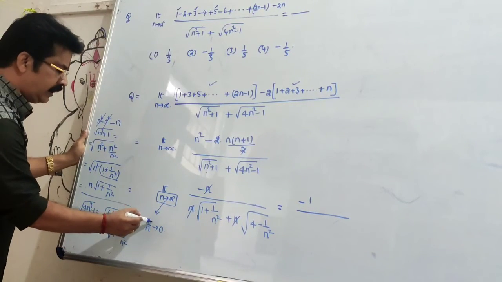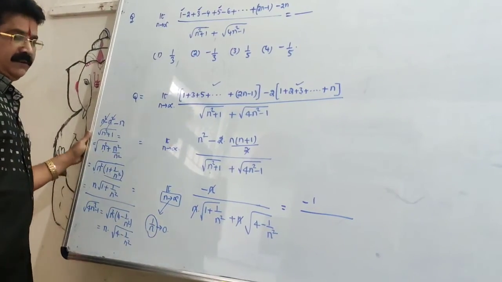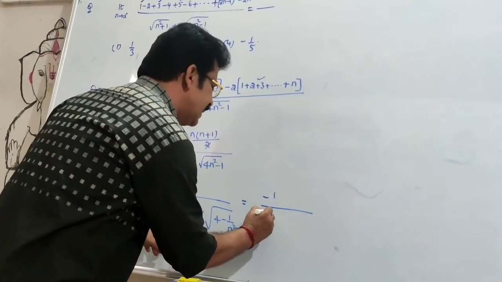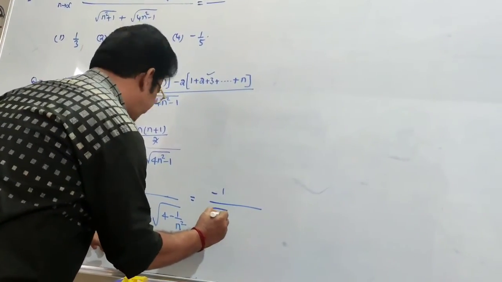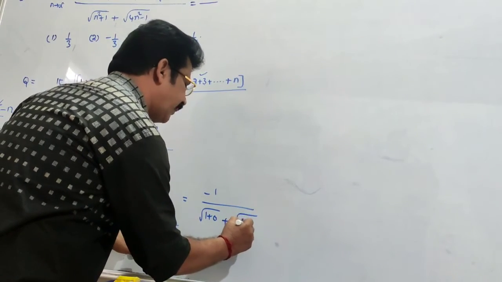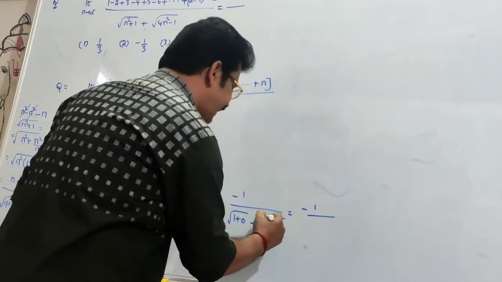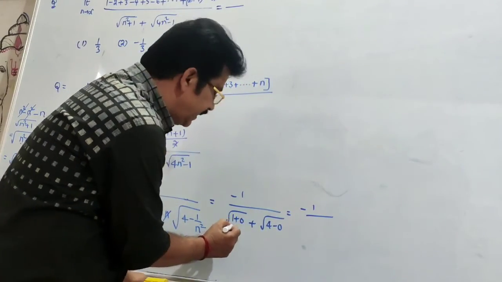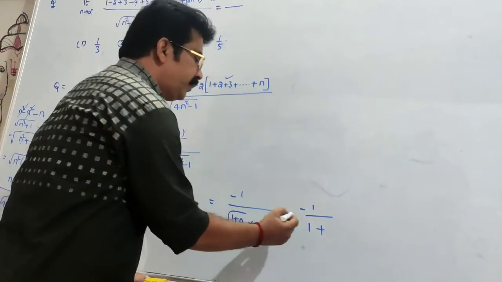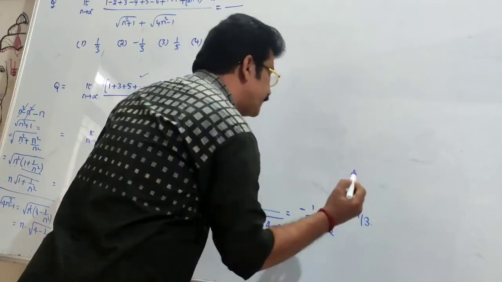So simply we can write 0 instead of 1 by n, and 1 by n whole square means 0. So it will be square root of 1 plus 0 plus square root of 4 minus 0. That is equal to minus 1 divided by 1 plus 2, which is minus 1 by 3.